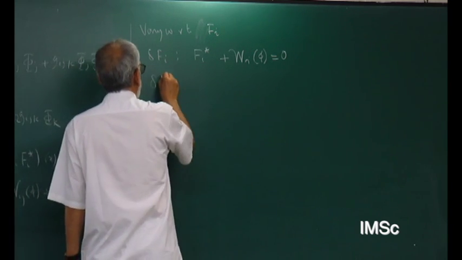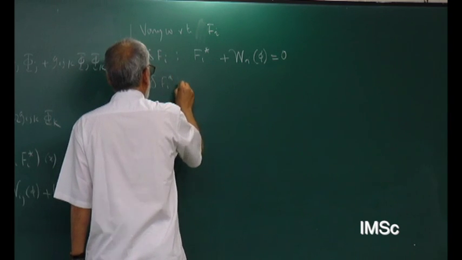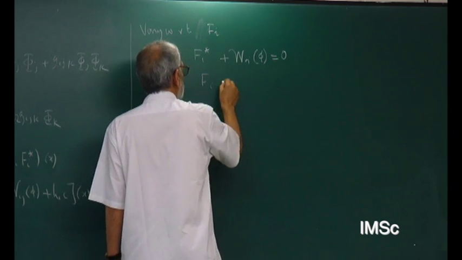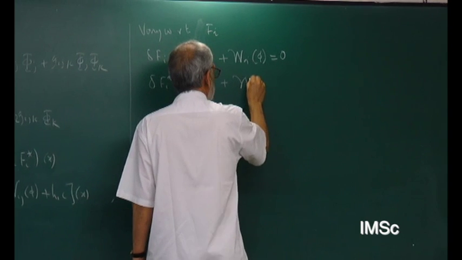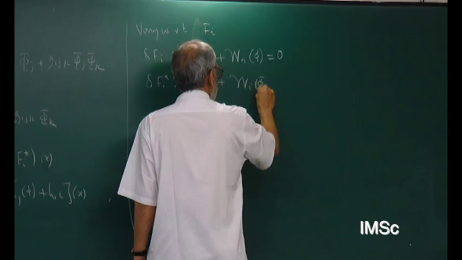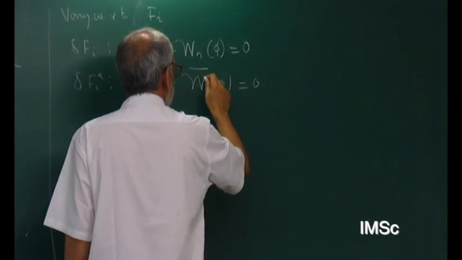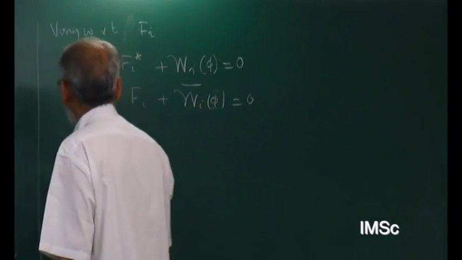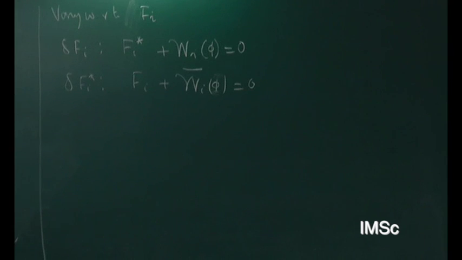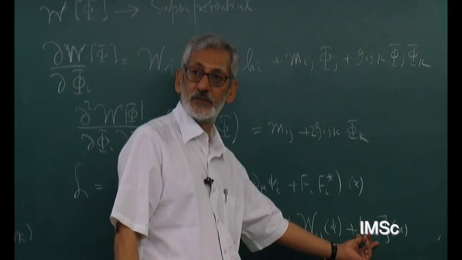And if I vary with respect to Fi star, you get the conjugate relation, where bar is complex conjugate. That you will get one from here and from the Hermitian conjugate piece here.